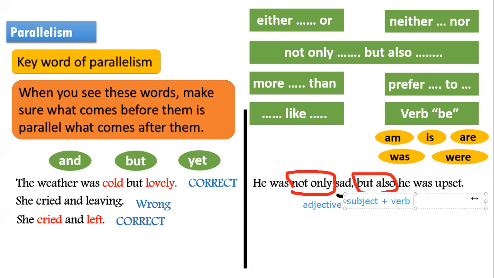So after "not only," I have just an adjective. Here, the word "sad" is an adjective. And after "but also," I have "he was upset." I have a subject, a verb, and an adjective. Is that parallel? No, it is not.